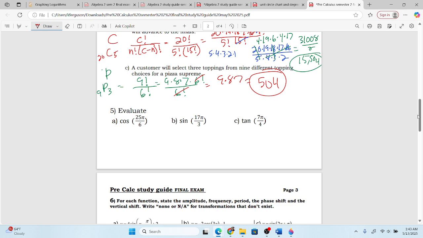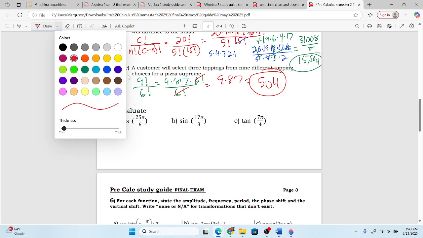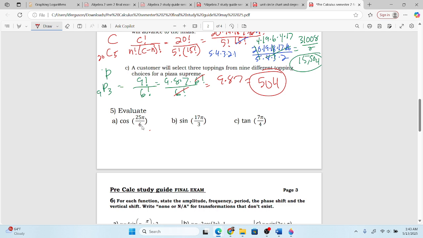And then finally, evaluating. Ooh, unit circle time. Let me clue you in on a couple things. One of the things you need to think about with this is, I know 2 pi is 360 degrees, one rotation, right? And if I see that 6 is in my denominator, what would the top be for one rotation? 12 pi.